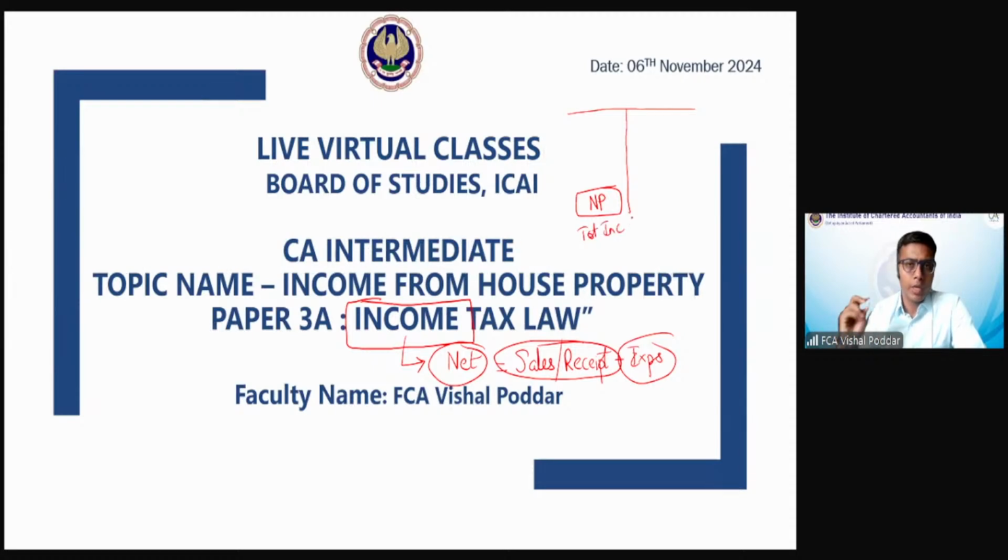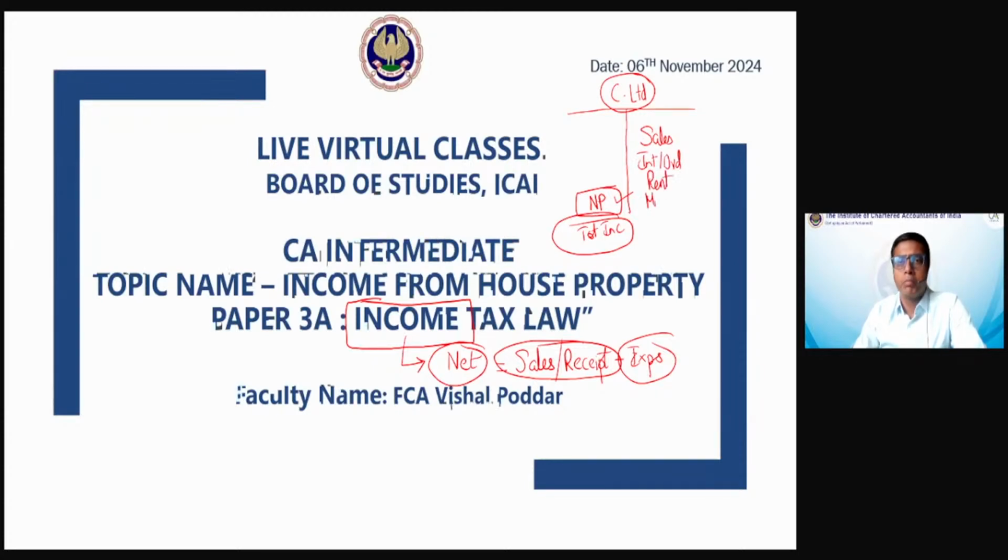If I'm using the word income for that particular entity, let us say this is C Limited. So you are preparing the financials of C Limited and your P&L statement shows you the net profit, which is the total income of C Limited, applying the principles of accounting, where on the credit side you have sales, you may have interest, dividend, rent, some miscellaneous receipts.